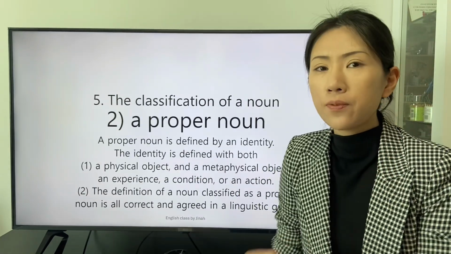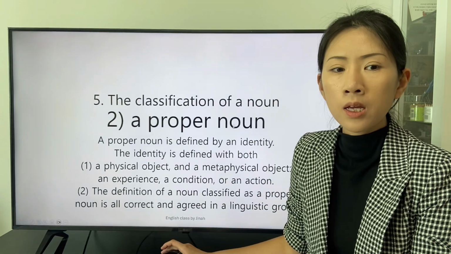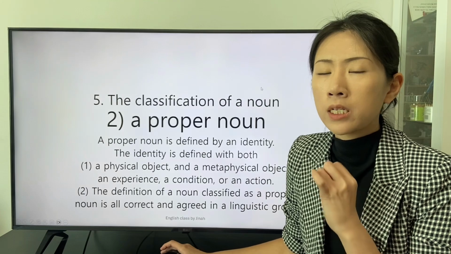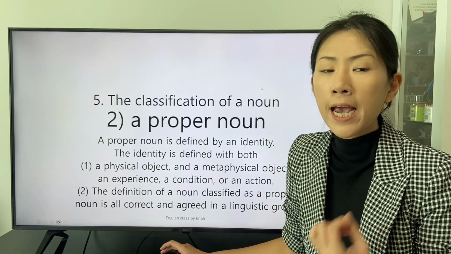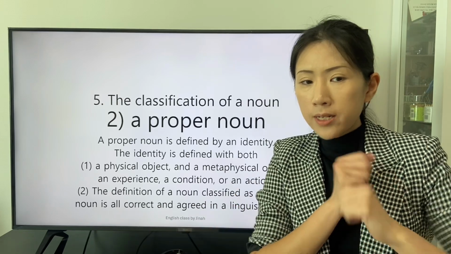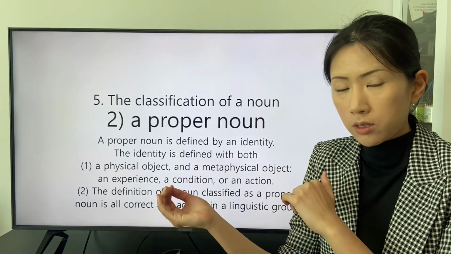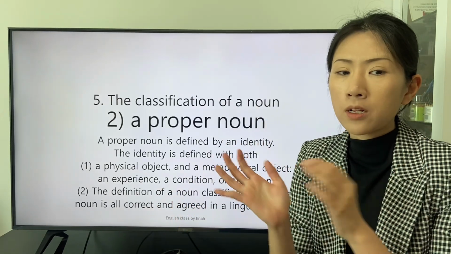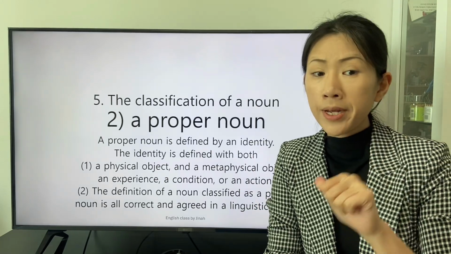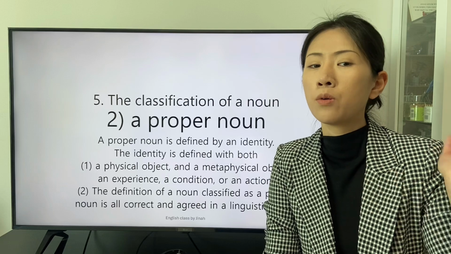The second classification of a noun is a proper noun. A proper noun is defined by an identity. The identity is defined with both a physical object and a metaphysical object. A metaphysical object can be defined with an experience, a condition, or an action.